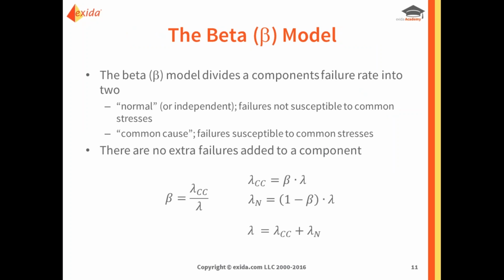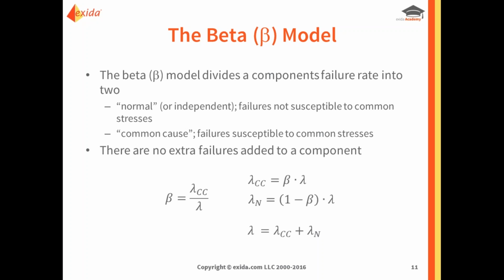That beta model allows us to divide a failure rate into two groups of failures: normal, sometimes referred to as independent failures, which are failures of a component that are not susceptible to common cause, and common cause failures, which are failures of that component that are susceptible to common cause.